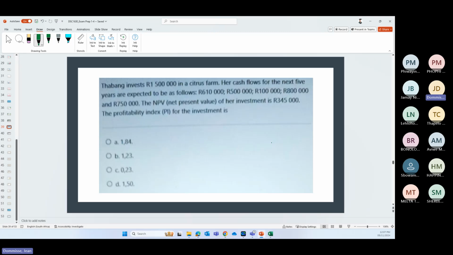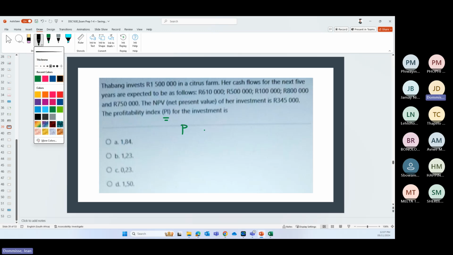And they say we need to work out profitability index. Let's just, for interest sake, see a profitability index, not present value, profitability index, and let's just use black on this background.